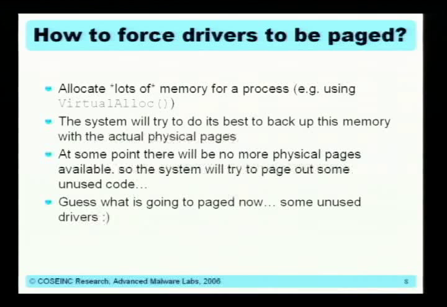The first challenge is how to make sure that we actually force the kernel to page out interesting code sections into the page file. The easy way for doing this is to just call a standard allocating routine like VirtualAlloc, which again is a perfectly documented function in the SDK.